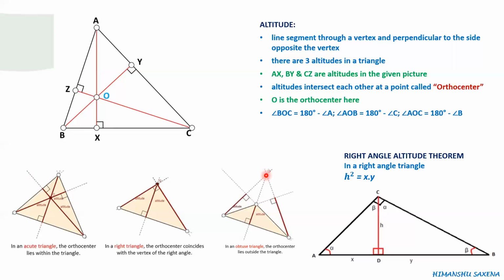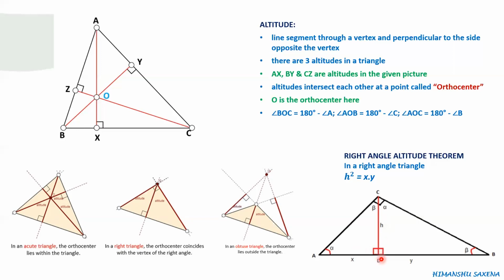Now there is one more theorem of right angle triangles, which is called the right angle altitude theorem. In a right angle triangle, if I drop an altitude from the vertex where the right angle is made to the opposite side, then the square of the length of that altitude, h square, is equal to x into y.